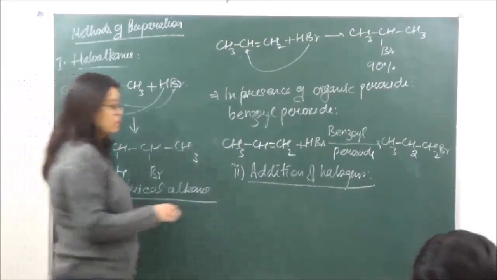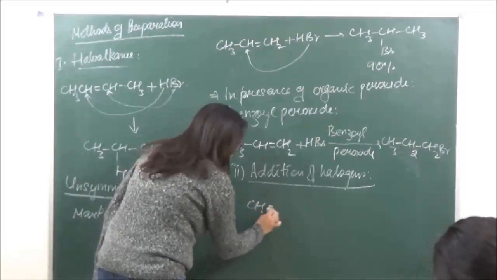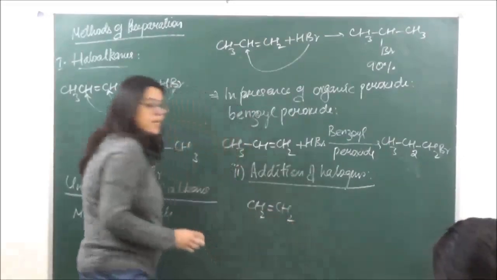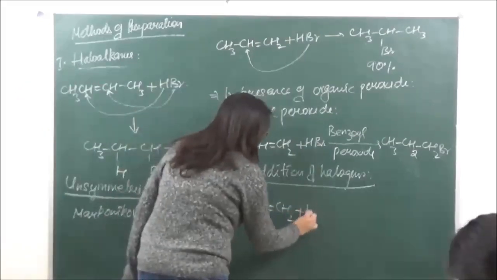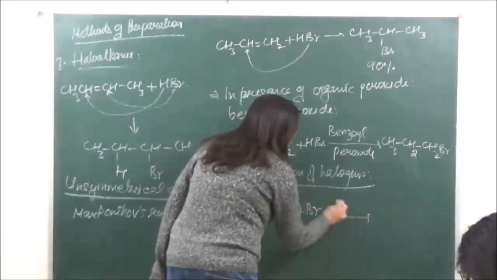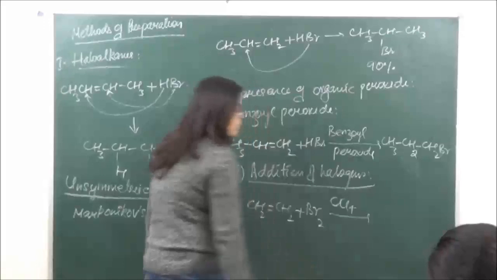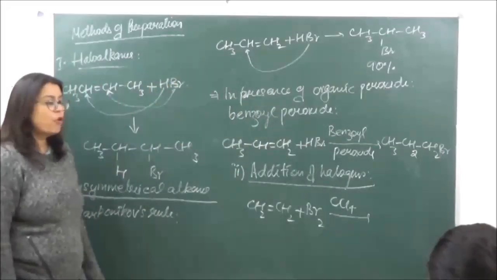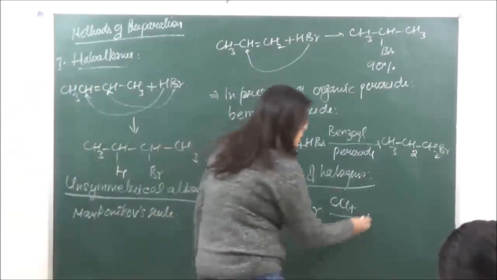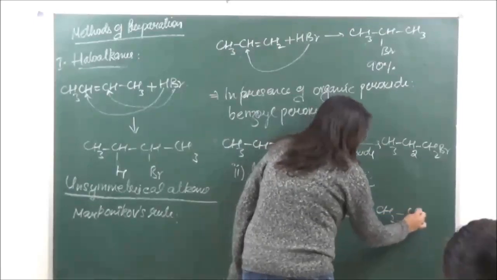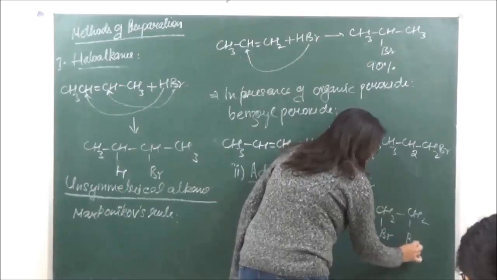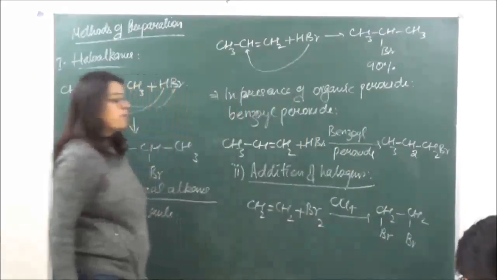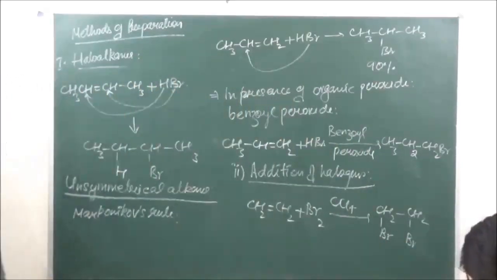Okay, so we have here CH2=CH2, in presence of Br2, and we are using an organic solvent, CCl4. This is going to give us vicinal dihalide.